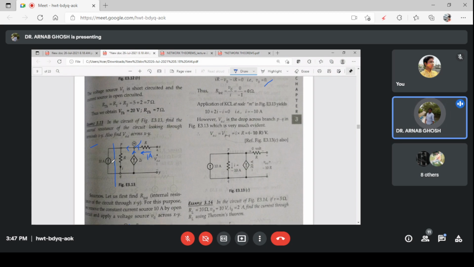Now we consider this dependent source, and by considering it, we are applying KCL again at node M.